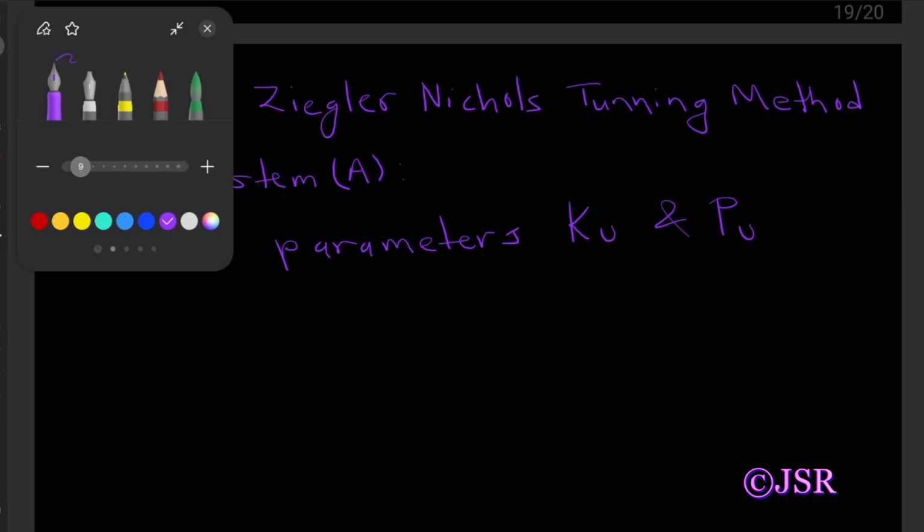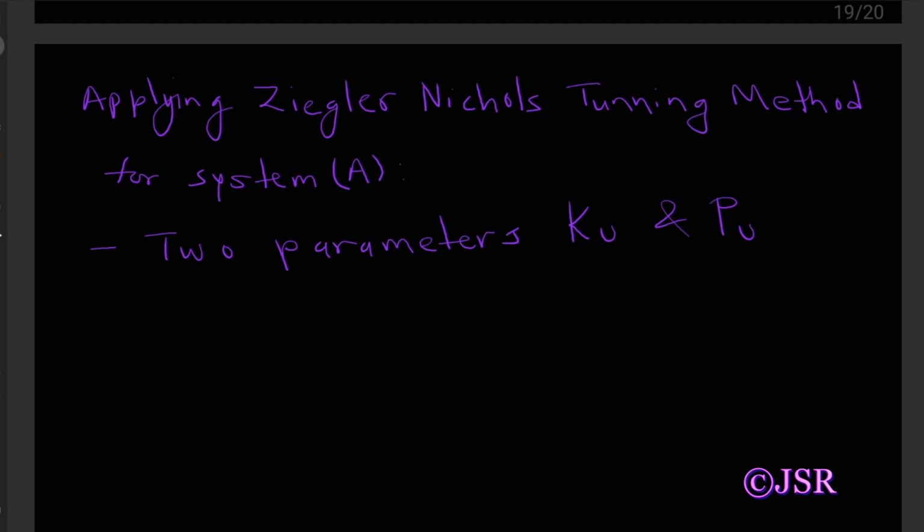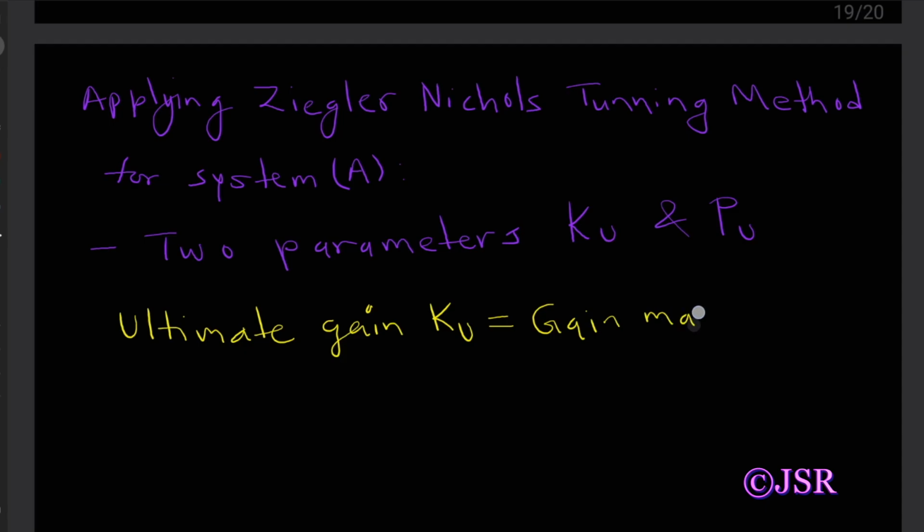So here Ku is the ultimate gain, which is the gain margin, that is 1 upon M, and M is the amplitude ratio of the system at the crossover frequency.